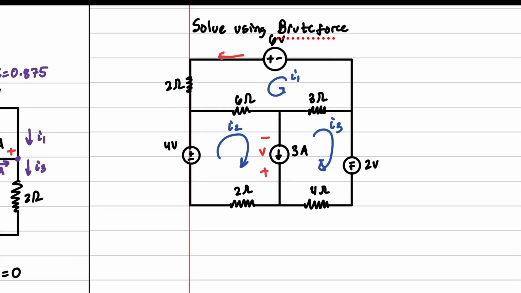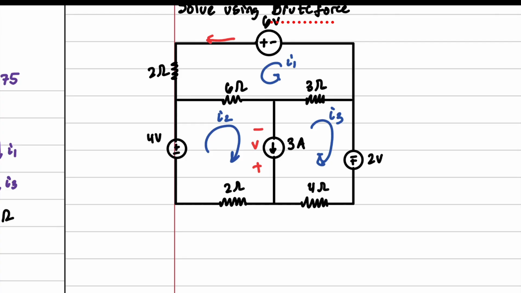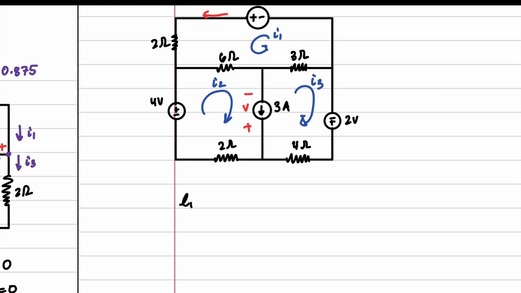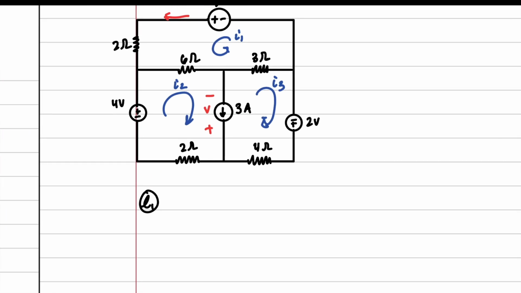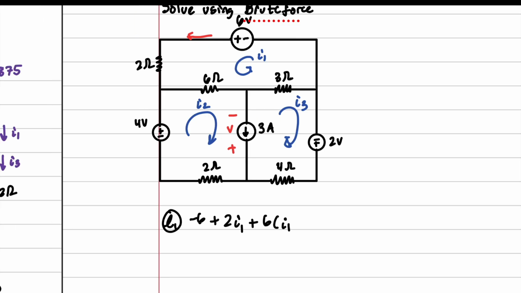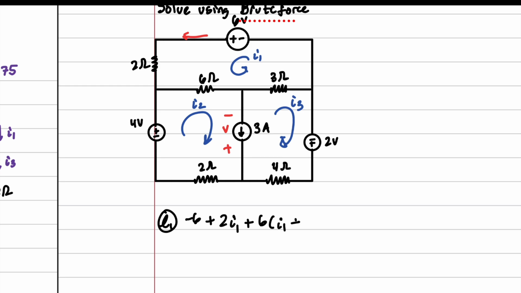And then we are going to go ahead and make an equation for each loop. So we've got loop 1, and that is just going to be -6 plus 2I1 plus 6I1 plus I2, because they're going in the same direction. I chose them to go in the same direction.